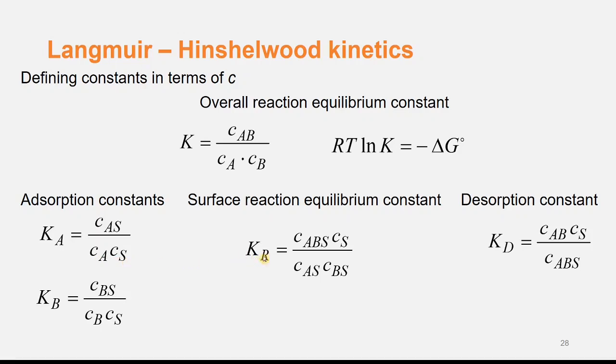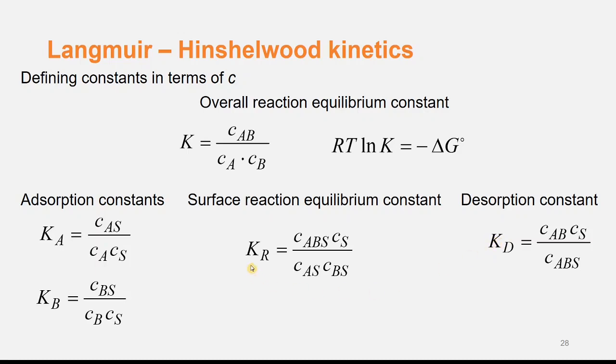We have the concentrations of the products in that step in the numerator and the concentrations of the reactants in the denominator. All of the equilibrium constants here are measurable, except for Kr. Note that we can use the Langmuir isotherm for the adsorption or desorption equilibrium constants.